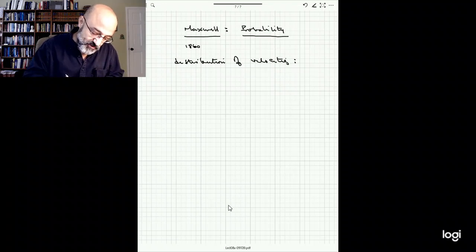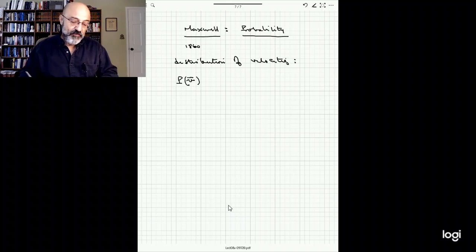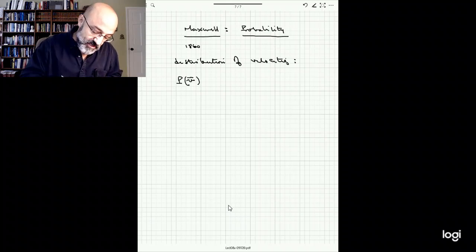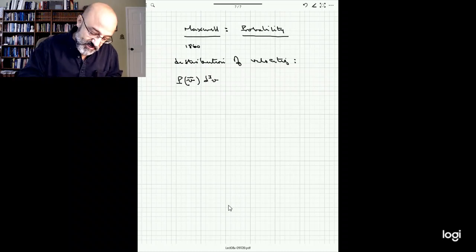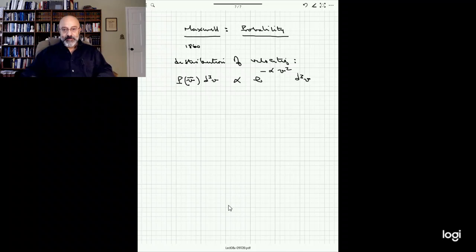His conclusion was that the number of molecules in a small range of velocities was going to be proportional to the square of the velocities, d3v.